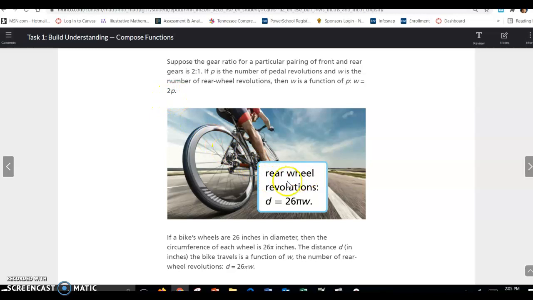If a bike's wheels are 26 inches in diameter, then the circumference of each wheel is 26 pi inches. The distance in inches the bike travels is a function of W, the number of rear wheel revolutions. D equals 26 pi W.